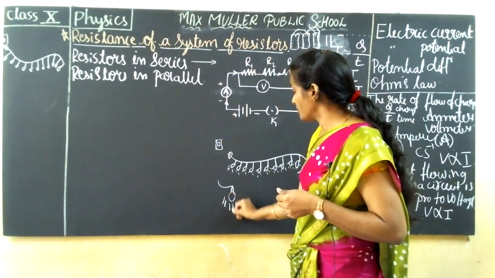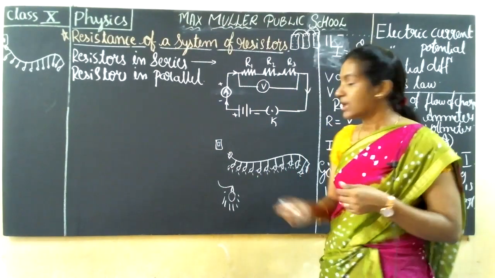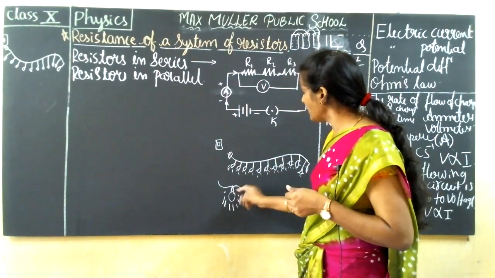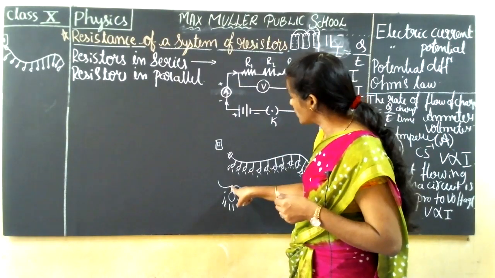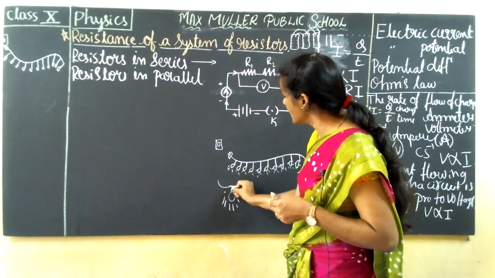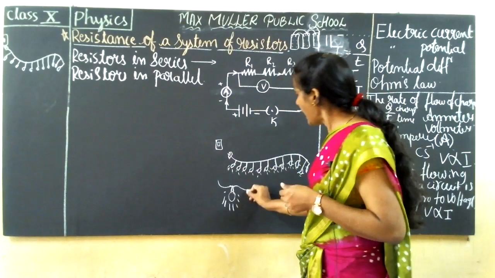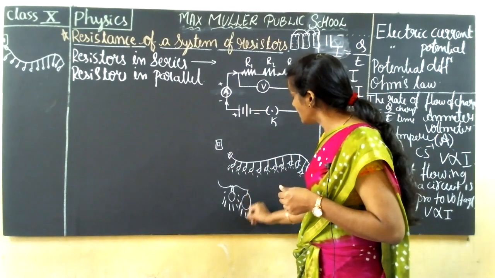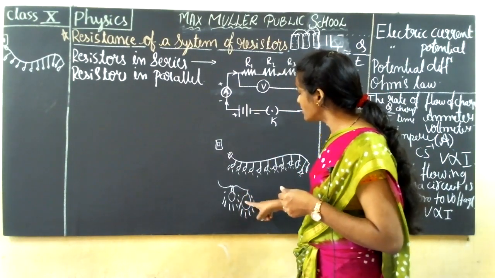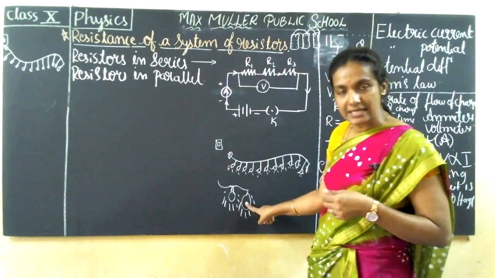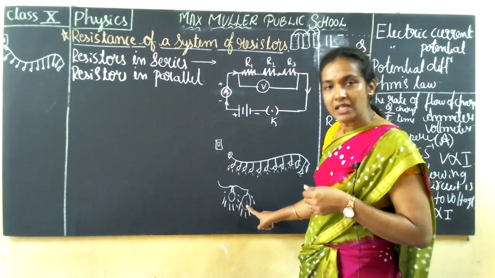When you switch on the button, this will glow. Then I take another wire and connect it the same way, and connect another bulb here. Will this also glow or not? Yes, it will glow.